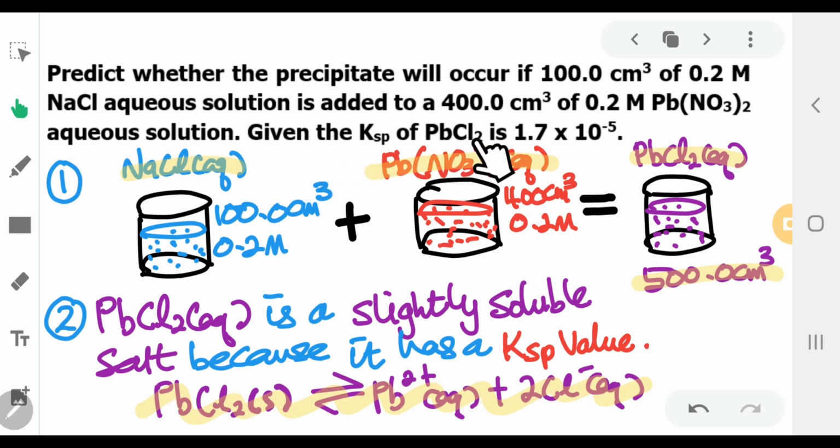Right here, given to you is the Ksp value. Okay, so that is a very good clue for the information number 2 right here. And you can imagine that the slightly soluble salts equation would be looking like this.